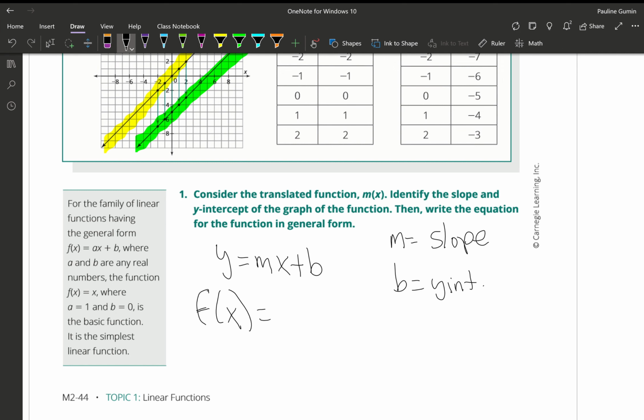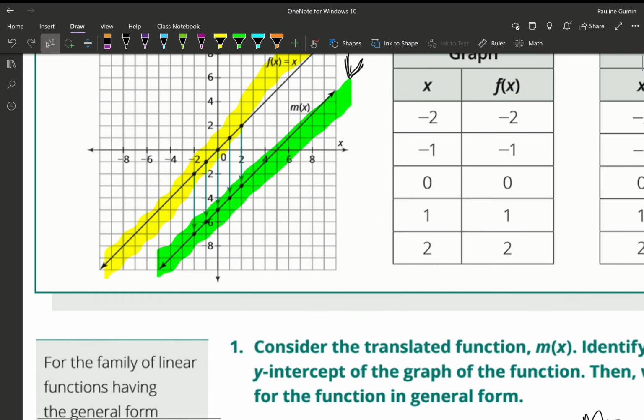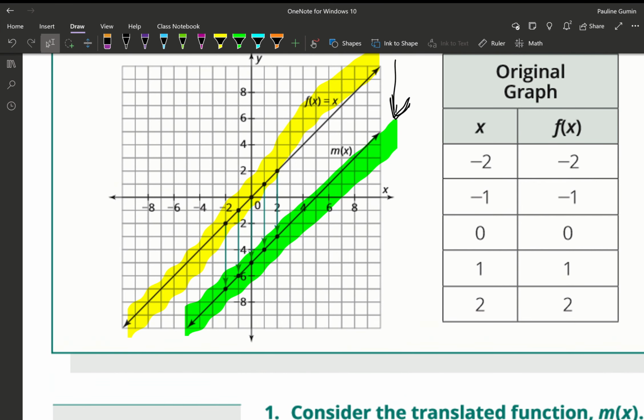Okay, now our slope is the average rate of change, and we did that in our previous lessons. So let's take a look at the green function. I'm going to zoom in here, and I'm going to go left to right from one point to the other, and we'll see what the average rate of change is. So this is my point on the left, this is my point on the right. Wow, they're close.